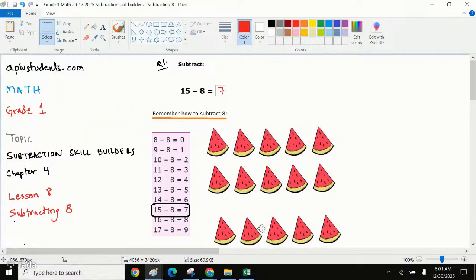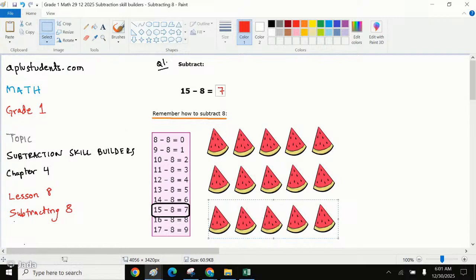And we add another 5: 11, 12, 13, 14, and 15, right? Let's start numbering them. This is number 1, first, second, third, 4, 5, 6, 7, 8, 9, 10, 11, 12, 13, 14, and 15. We've got 15 slices of watermelon, right?